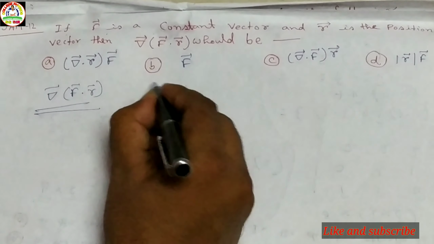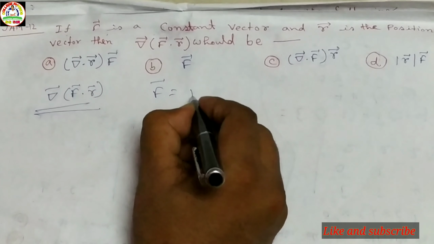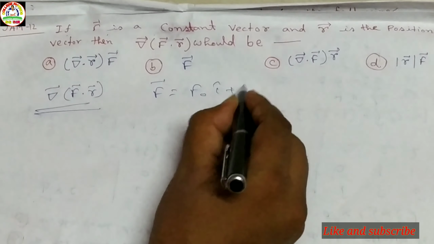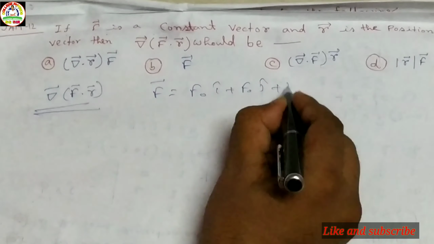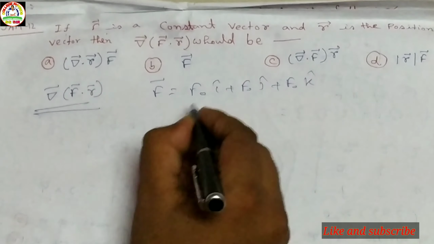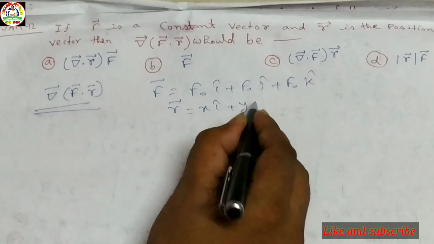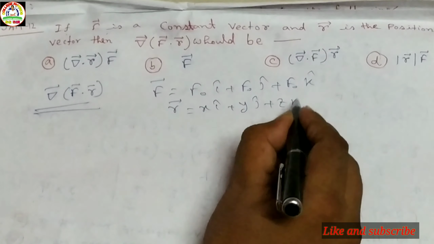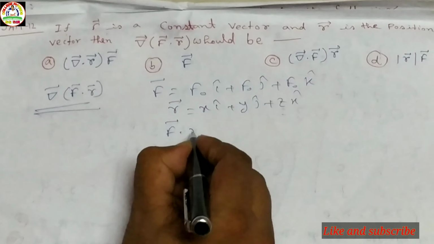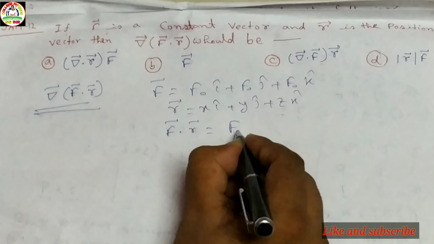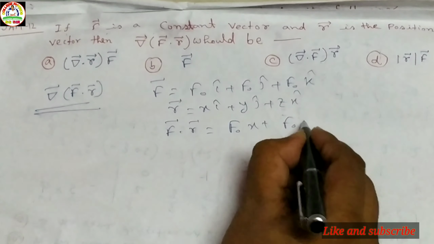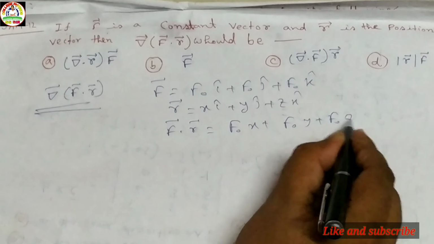Here given F is a constant vector, let F is equal to F0 i cap plus F0 j cap plus F0 k cap, and R is a position vector, so R equal to x i cap plus y j cap plus z k cap. So we can write F dot R equal to F0x plus F0y plus F0z.